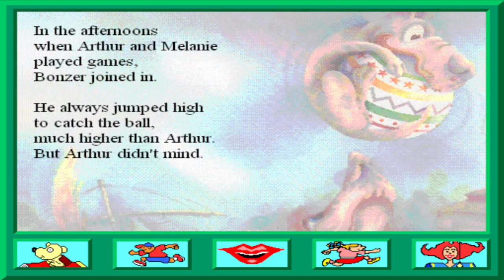In the afternoons, when Arthur and Melanie played games, Bonzer joined in. He always jumped high to catch the ball, much higher than Arthur, but Arthur didn't mind.